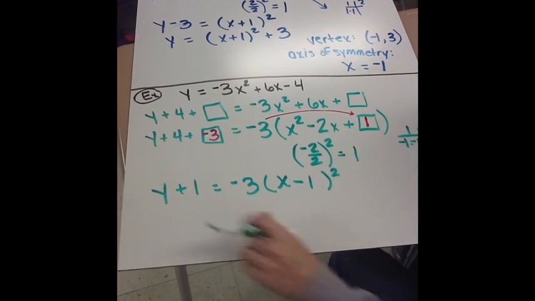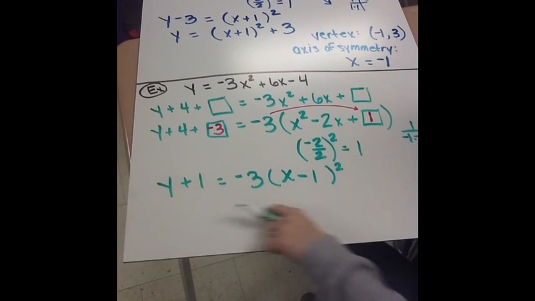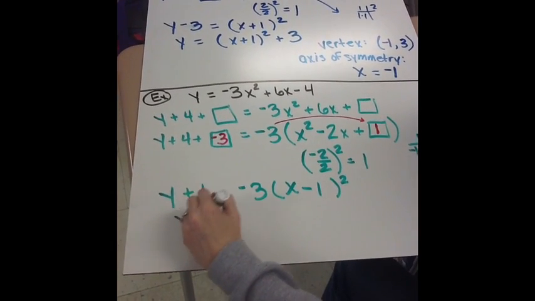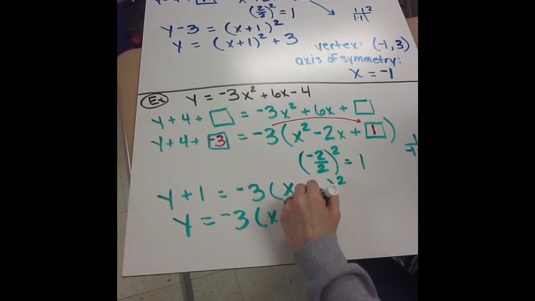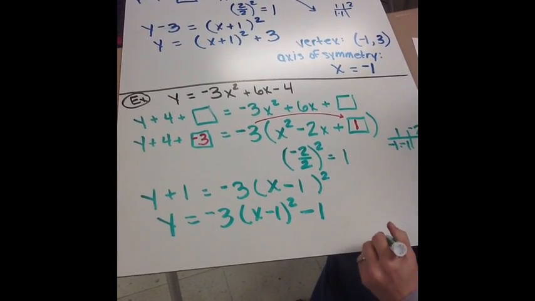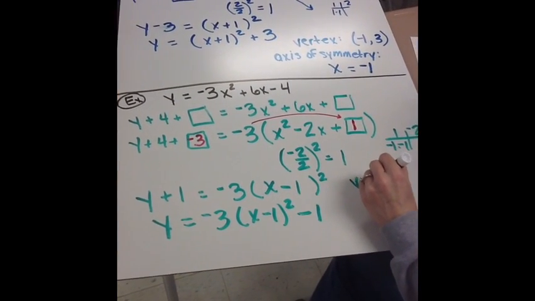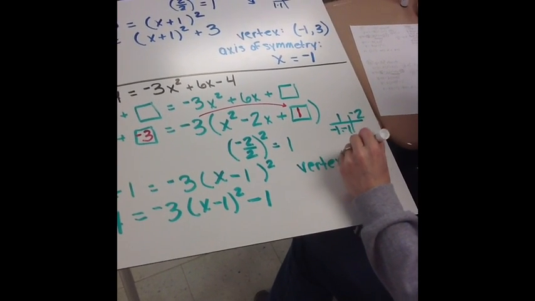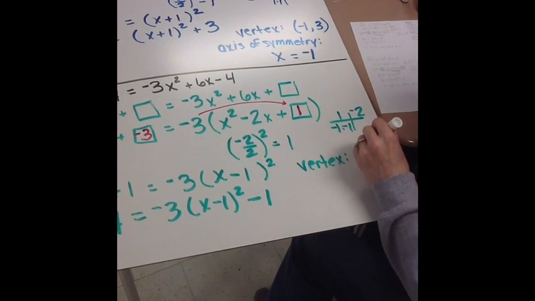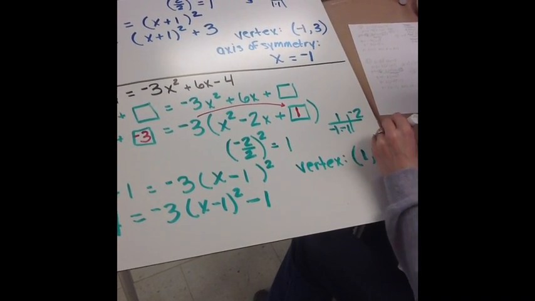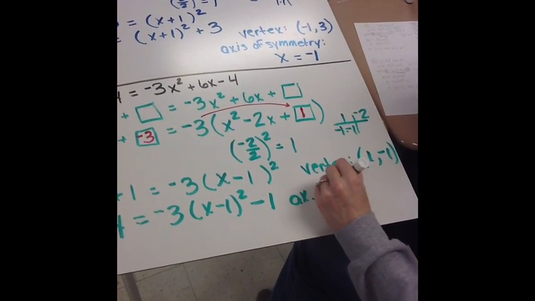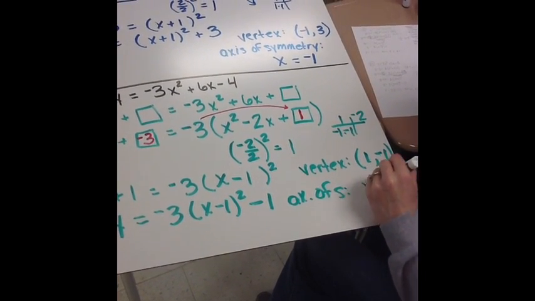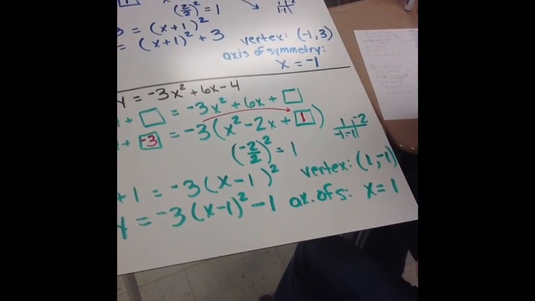Then I go to my last step, which says to move my new constant back over. So I get y equals negative 3 times x minus 1 squared, minus 1. From this, I can tell my vertex, which will be the opposite of h, positive 1. k stays the same at negative 1. The axis of symmetry is going to be x equals positive 1.